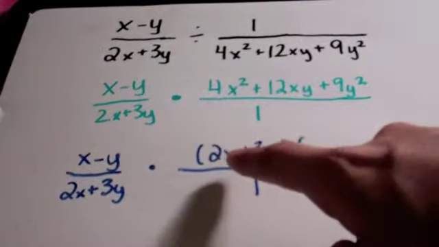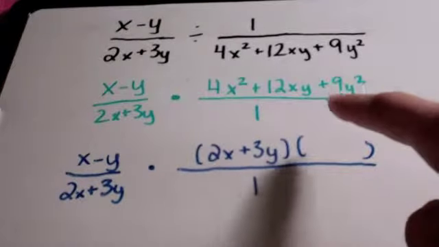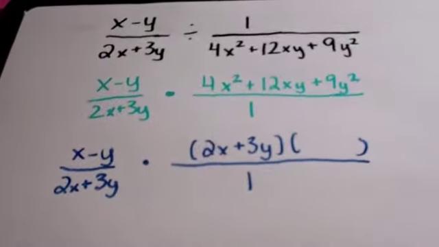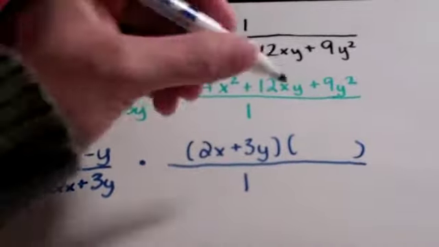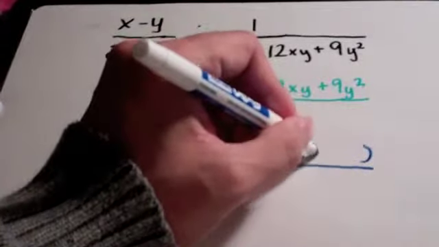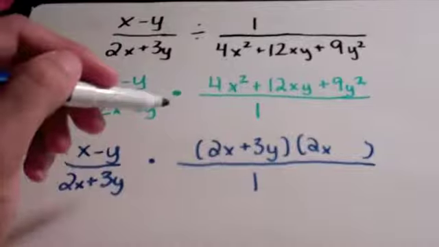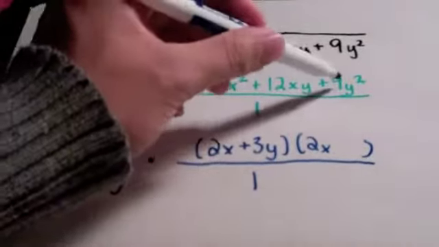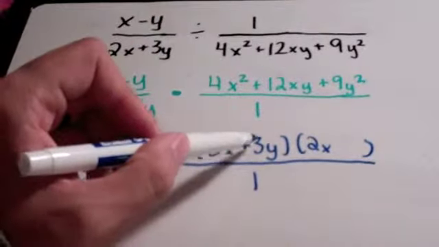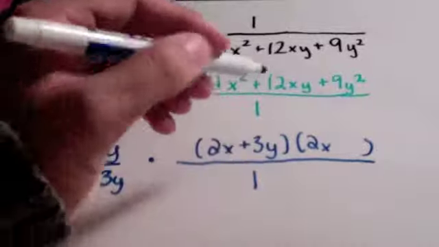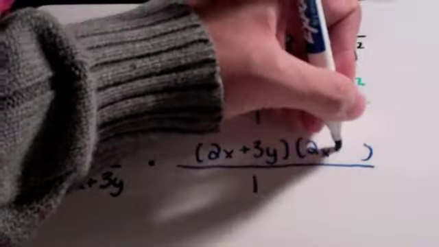So we've got a 2x over here, and to get 4x squared, we need to multiply by another 2x. That way when we multiply it out, we'll have a 4x squared. And to get this 9y squared, what can we multiply by 3y to get 9y squared? And that's another 3y.